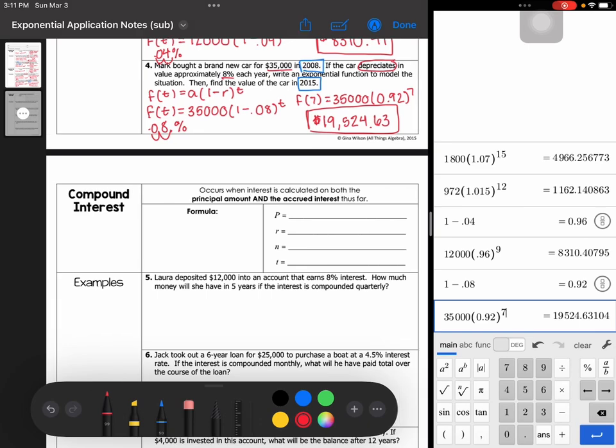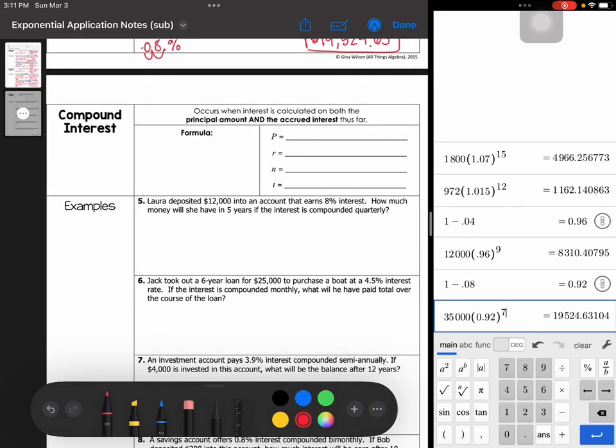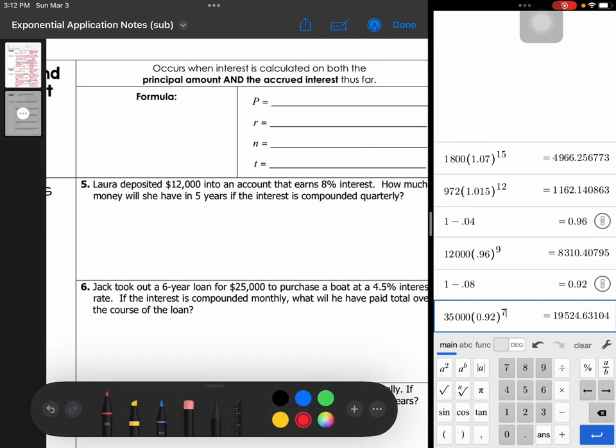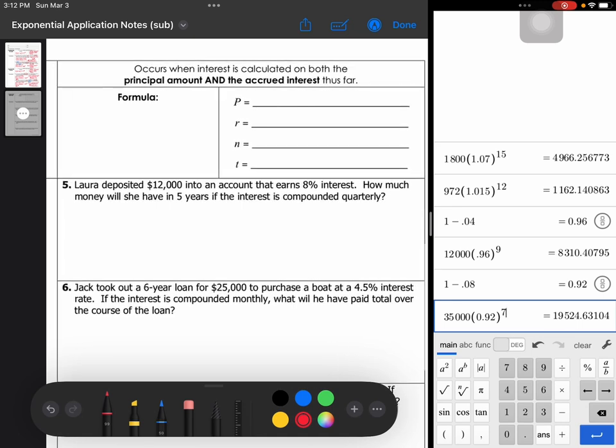All right. So the next type of exponential function or application of an exponential function that we see is what's called compound interest. So this happens when interest is calculated on the principal amount and any interest that's already been earned. So typically it's when interest is calculated more than once a year, maybe twice a year, once a month, something like that.